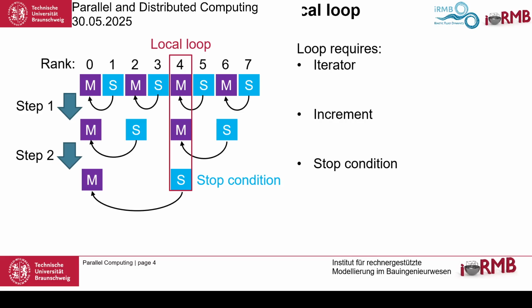Okay, so how is this going to work? Yeah, so we have to split up our loop. So what we have to do is we have to have a local loop, a loop over being master.